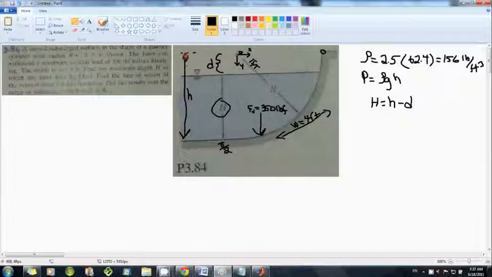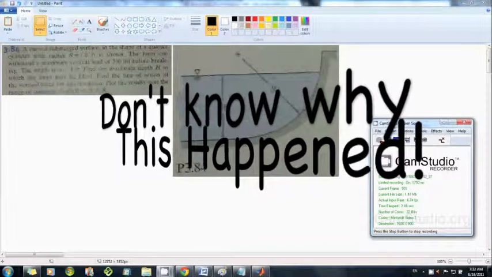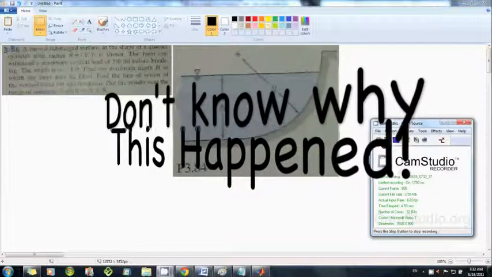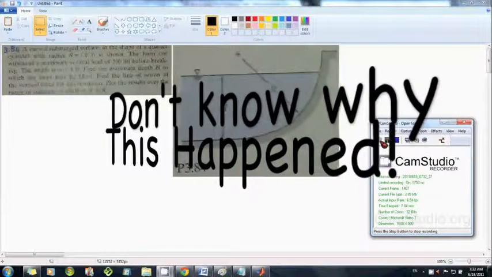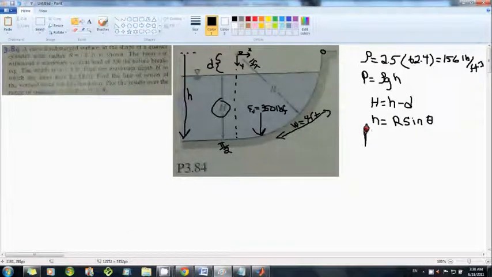At this point, the whole stretch h is really the component of y, just what y would be in this direction. So our pressure is really rho g h, which is little h, which is r sine theta, minus d.